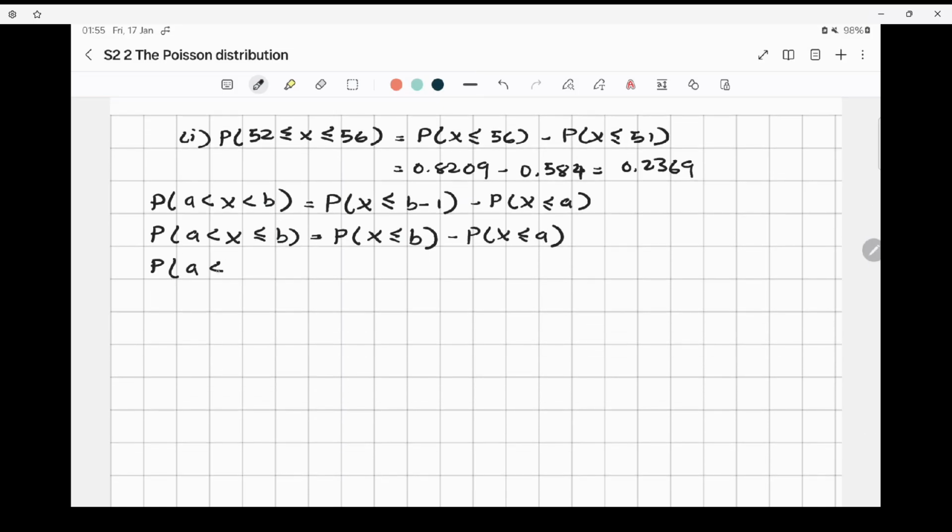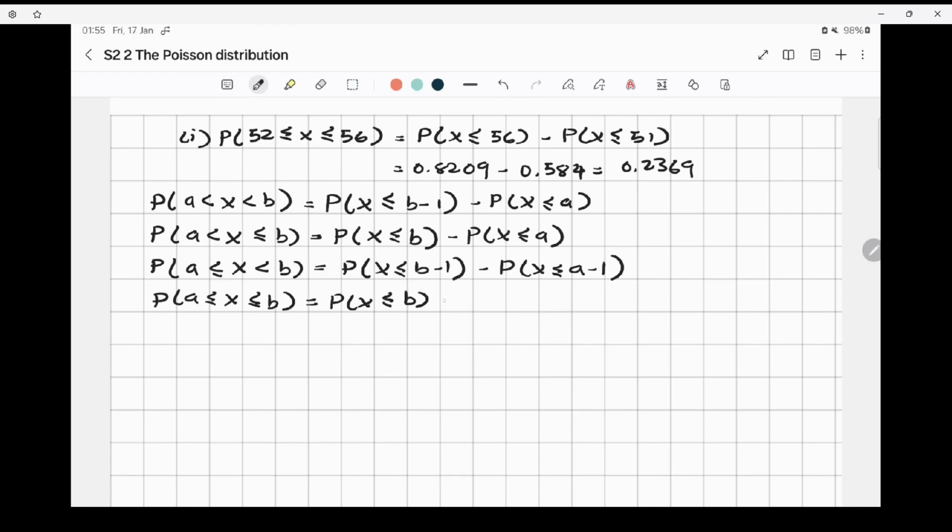If the first one is equal, second one is not equal, then both have to minus 1. Lastly, if both are equal, then the first one you don't need to minus 1, but the second one you have to do it.